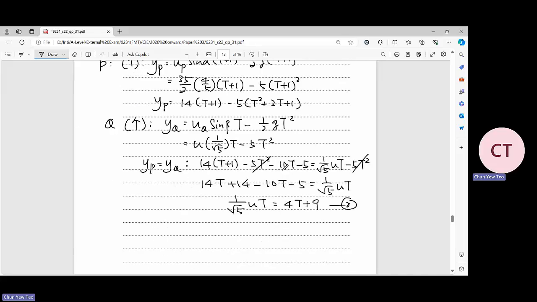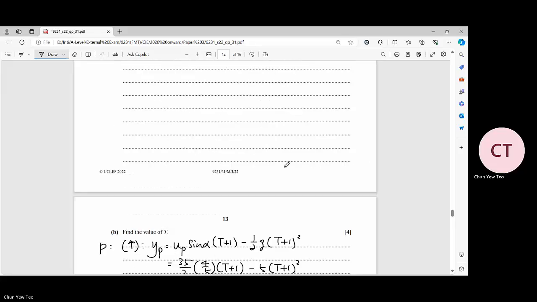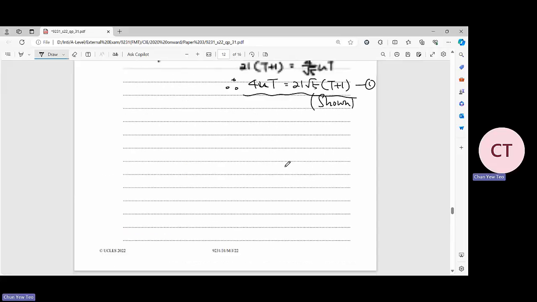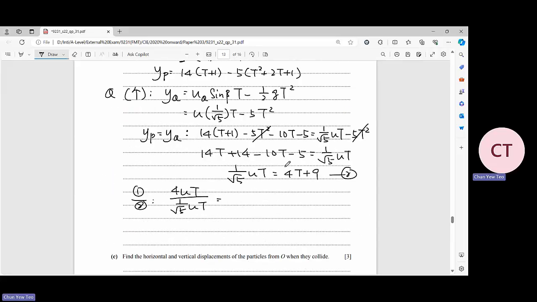So by taking equation 1 divided by equation 2, you have 4 ut over 1 over sec 5 ut is equal to 21 sec 5 (t plus 1) over 4t plus 9.